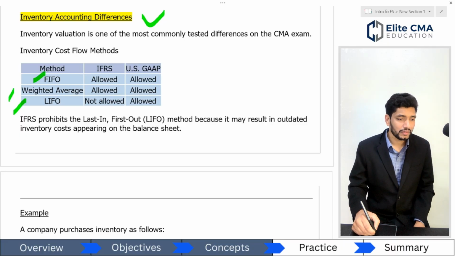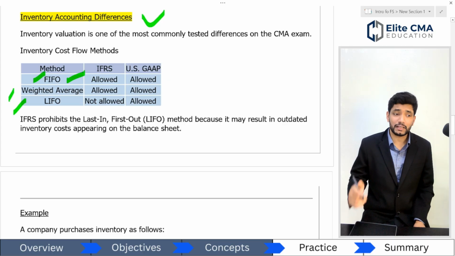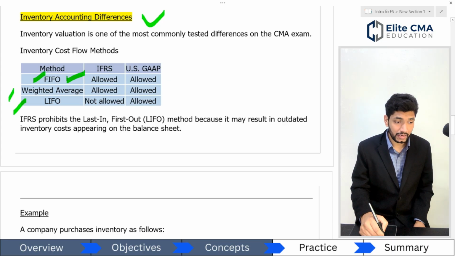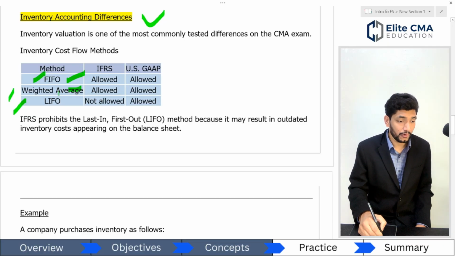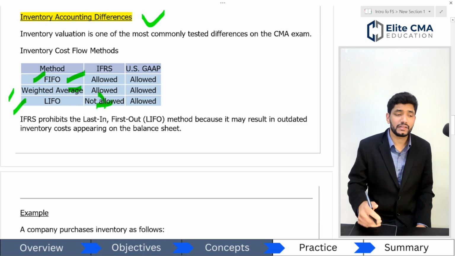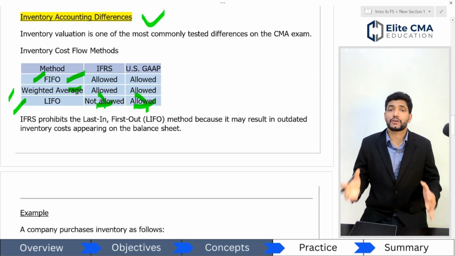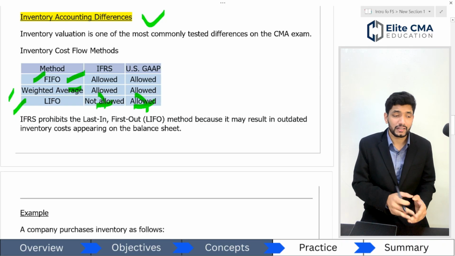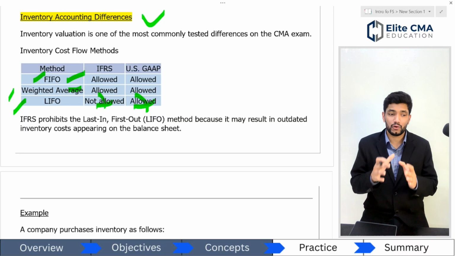In both IFRS and US GAAP, FIFO is allowed. In both, weighted average is also allowed. But when it comes to LIFO, in IFRS, LIFO is not allowed, and in US GAAP, LIFO is allowed. So in inventory valuation, the key difference is the LIFO method, which is not allowed in IFRS, but is allowed in US GAAP.